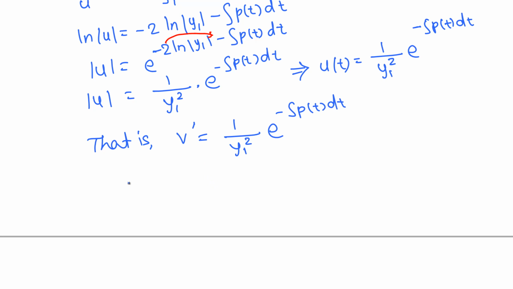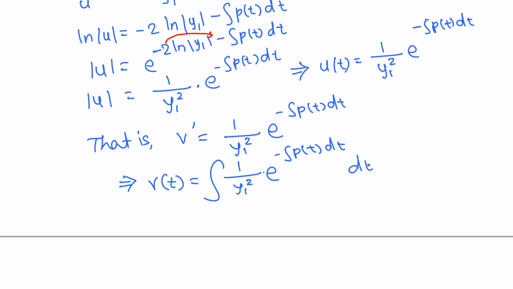Then we get v as a function of t equals the integral of 1 over y1 squared times e raised to negative integral of p(t) dt, and whole dt, because this will be a function, plus c. Again, I'm just taking c equals 0 because we just need one function v, so plus c is not needed.